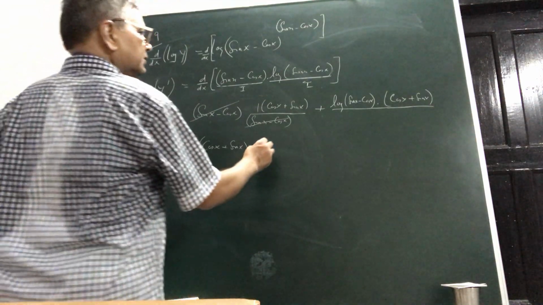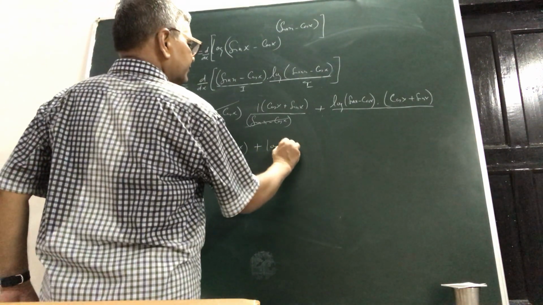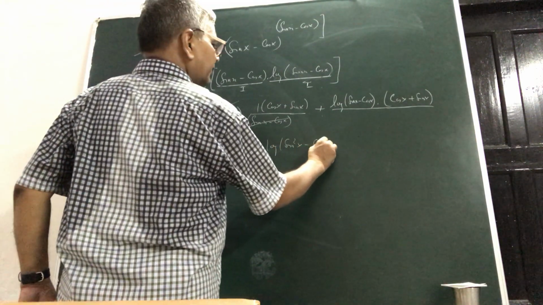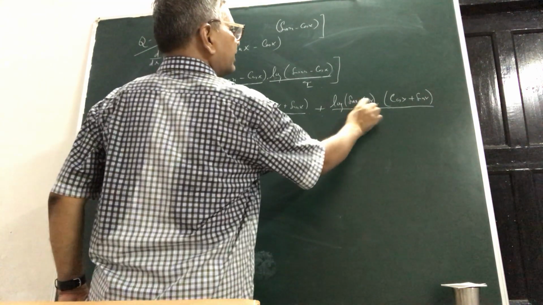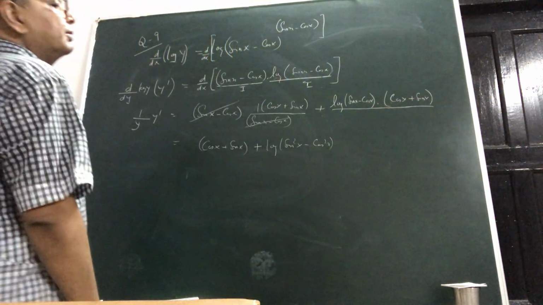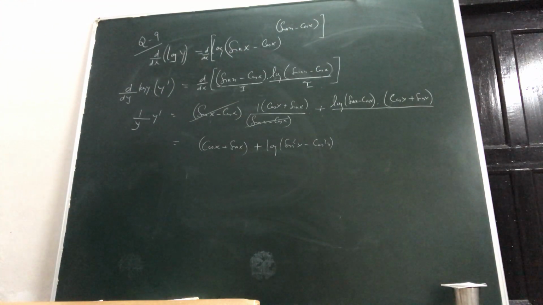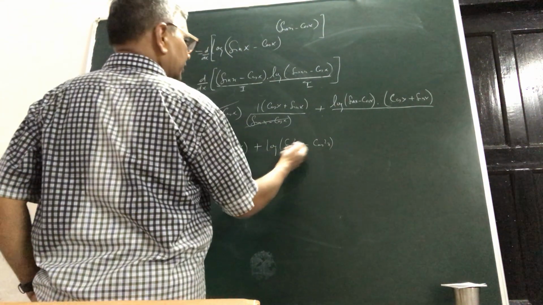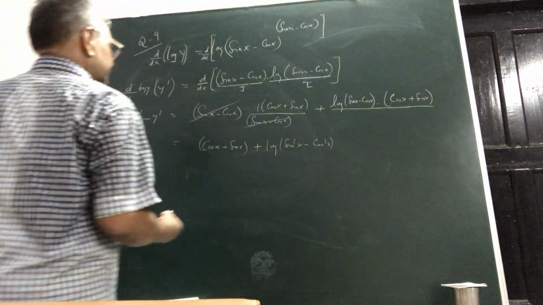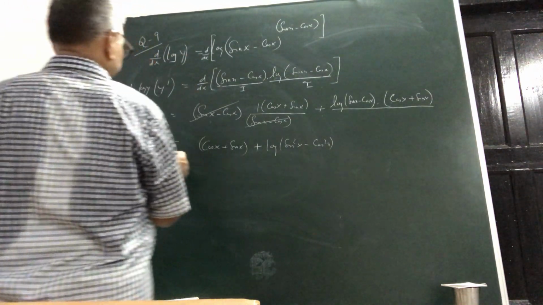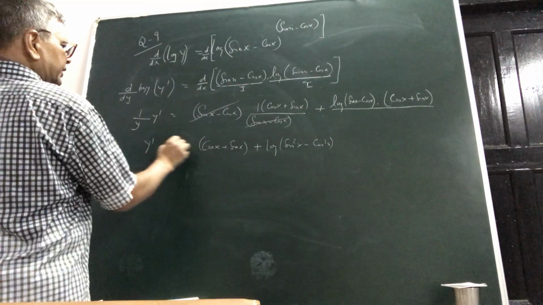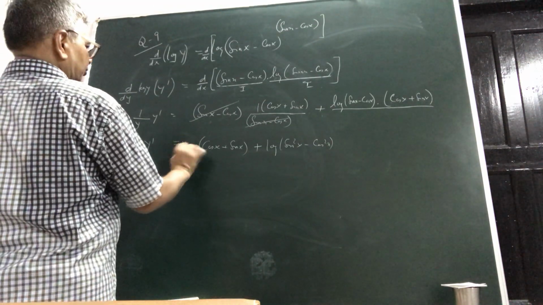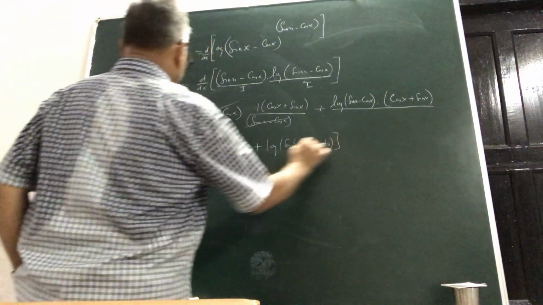So this is log of sin square x minus cos square x, because a minus b into a plus b, and a minus b is what? A square minus b square. Sin square x minus cos square x, what it gives you? Okay, and then y dash is y into this whole lot. Y is what?